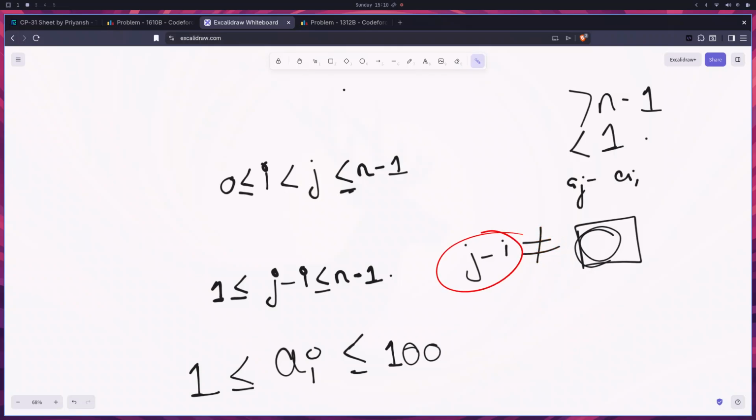Because this lies from here to here, we'll directly say that let the RHS be all the numbers except this range. That is, it should be less than 1, because here it is greater than or equal to 1, and here RHS should be greater than n minus 1, because here it is less than or equal to n minus 1, right?